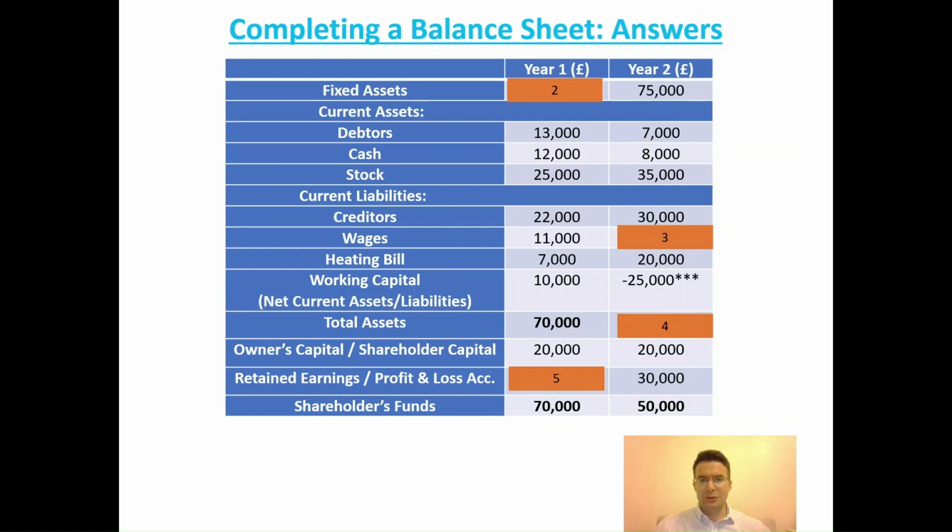So what we'll do is work it in reverse. So 70,000 total assets plus the current liabilities of 40,000 will give us 110,000, and then we'll take away the current assets of 50,000. So 110,000 minus 50,000 will of course give us £60,000.